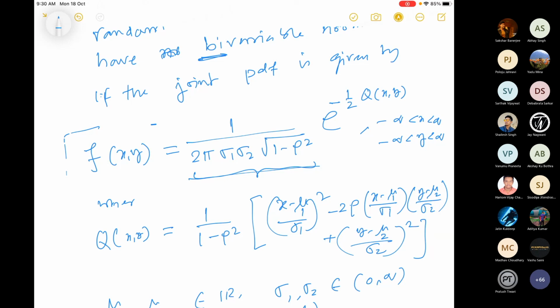Because it is an extension of the single normal random variable. Then we proved that the marginals are also normal. But suppose we have two variables like height and weight, and both are normal. Can I say that the joint will also be normal? That's the question, and it is not the case.